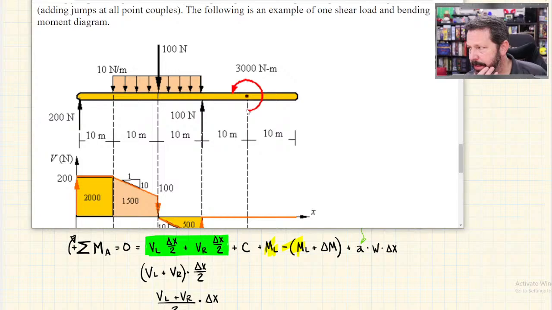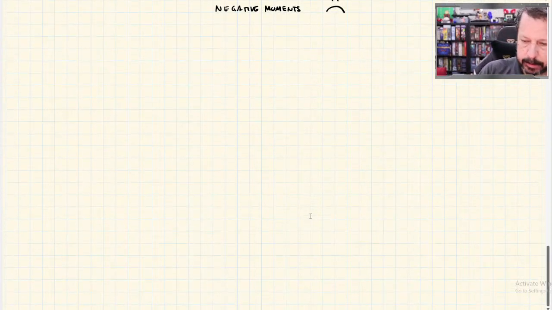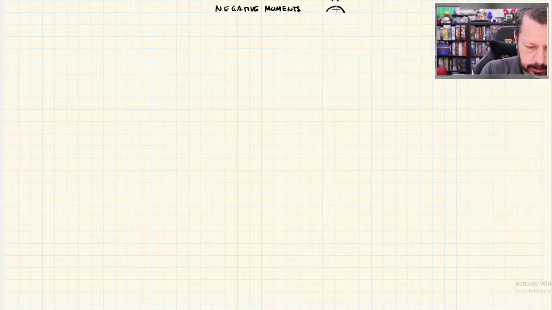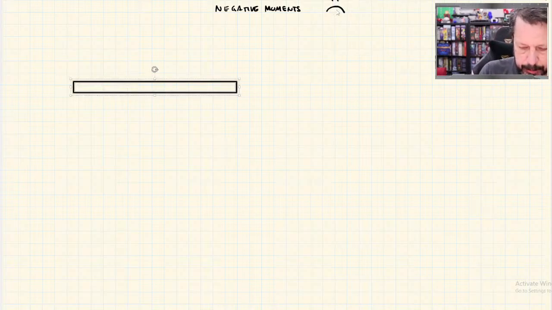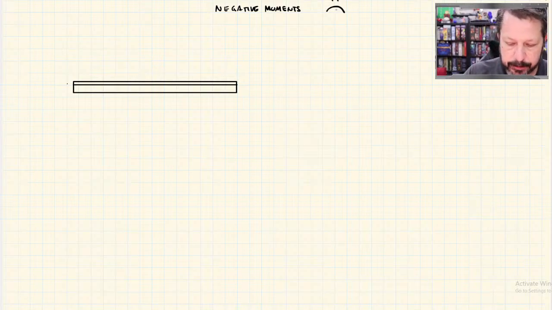So this would be something like, let's draw this. So here's your beam, and it's a T-beam, so it's got a T shape to it, but you've connected another beam to it somehow.